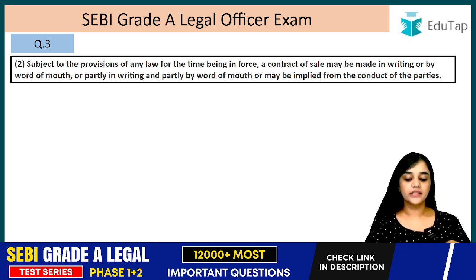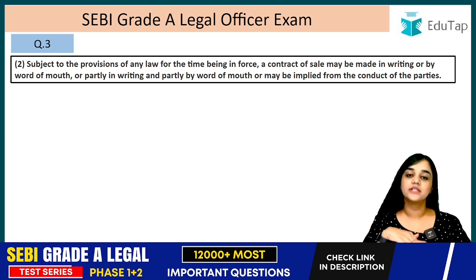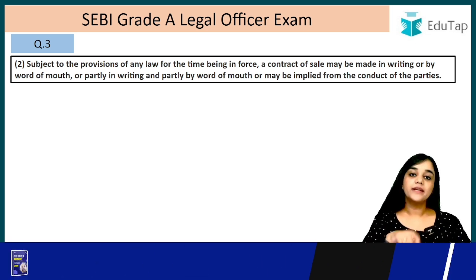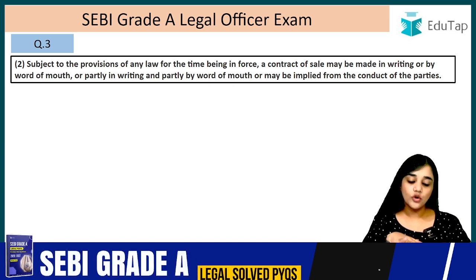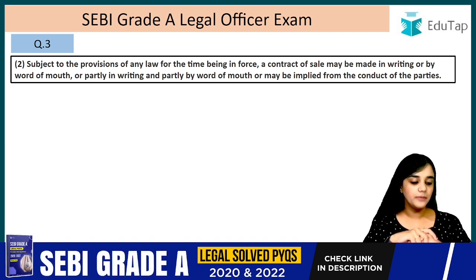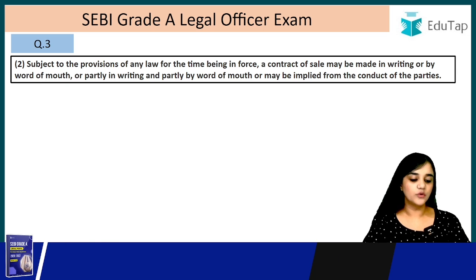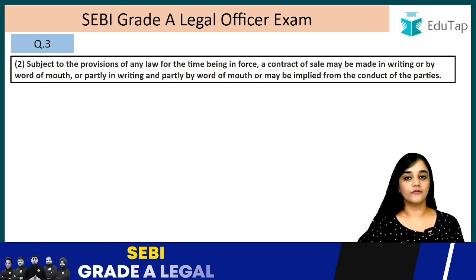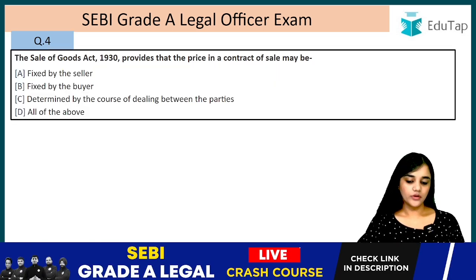That is why it is written subject to the provisions of any law for the time being in force. So that law is going to prevail. But if no such law exists, then a contract of sale may be made in writing or by word of mouth, or partly in writing and partly by word of mouth, or may be implied from the conduct of the parties.